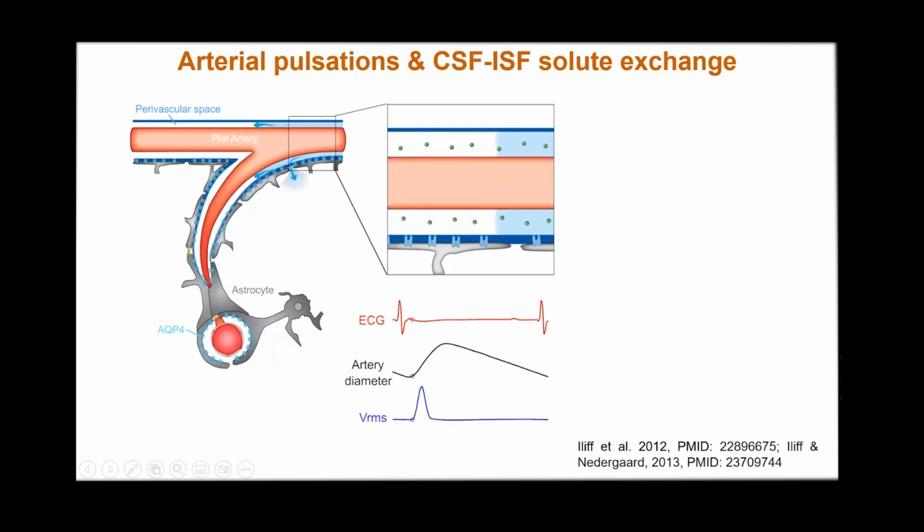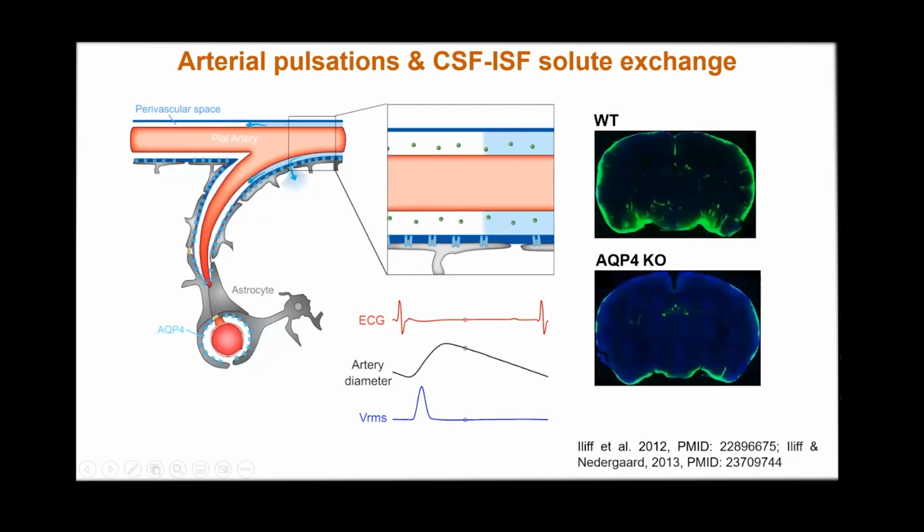So the arterial wall motions play a key role in mediating this CSF-ISF exchange in the perivascular space CSF flow. And the initial studies showed that if you delete the aquaporin 4 in mice, this influx of the tracer, which is shown in green, is significantly reduced. So that study proved aquaporin 4 as a key molecular mediator in driving this CSF influx.